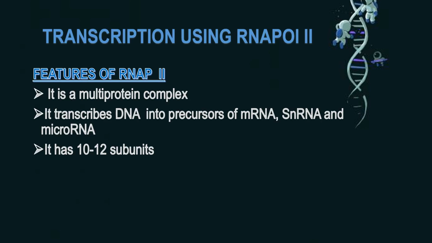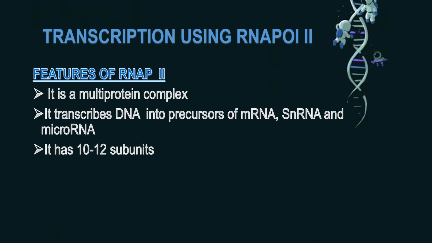We are discussing transcription using RNA polymerase 2, known as RNAP2 and POL2. It is one of the three RNA polymerase enzymes found in the nucleus of eukaryotic cells.